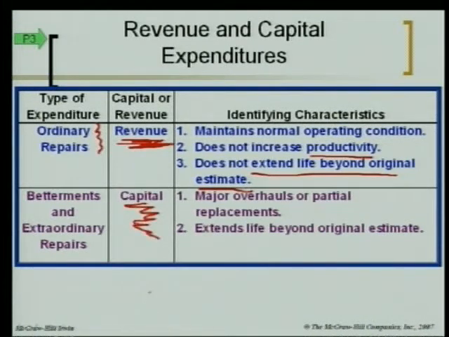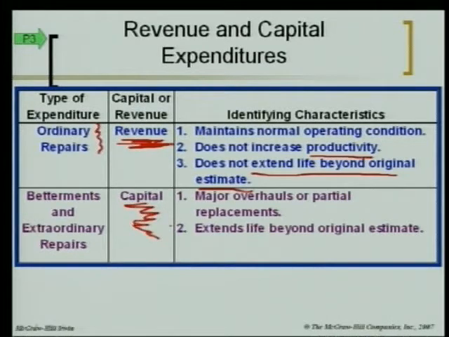What does that mean? That means we capitalize that expenditure. When I say we capitalize an expenditure, what I'm saying is we do not debit an expense account, but we debit a fixed asset. And then that amount of fixed asset needs to be depreciated. Does this make sense?